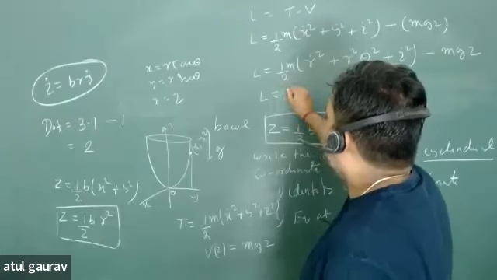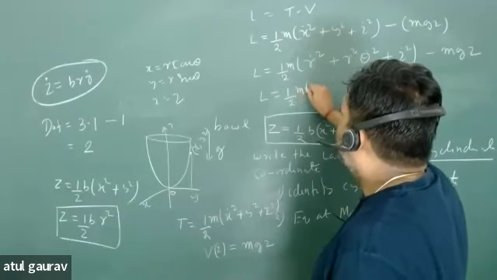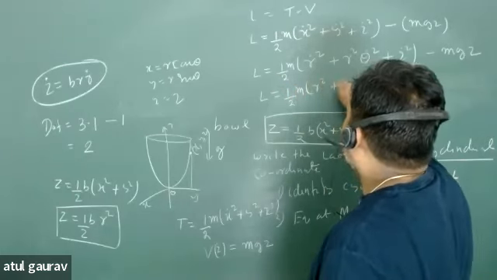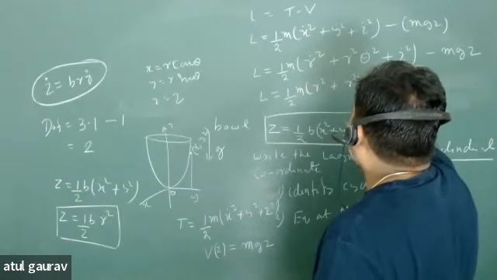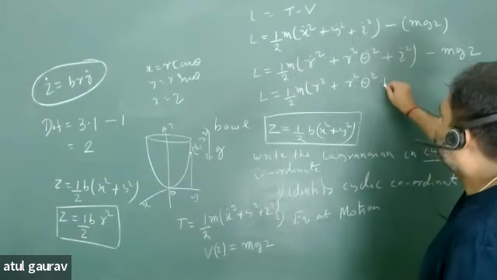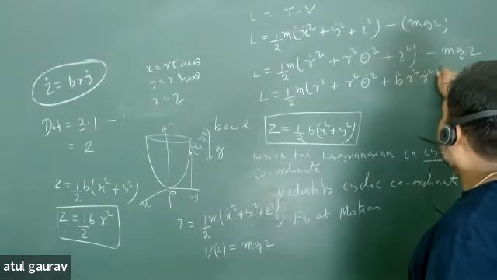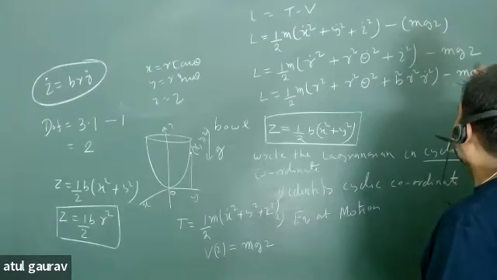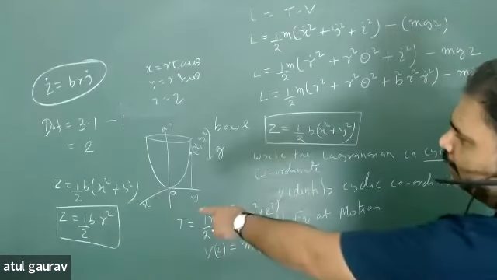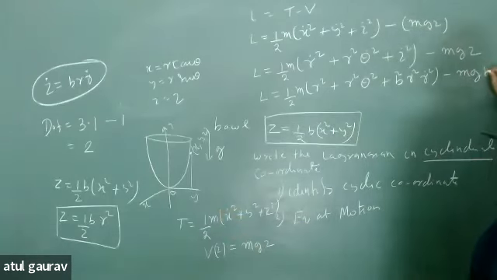So we can write half m (r dot square plus r square theta dot square plus b square r square r dot square) minus mg, and what is your z? z is equal to b r square by 2.